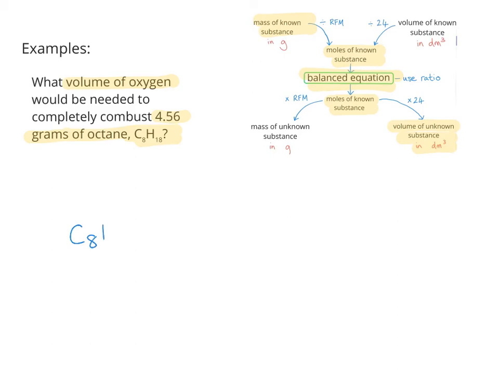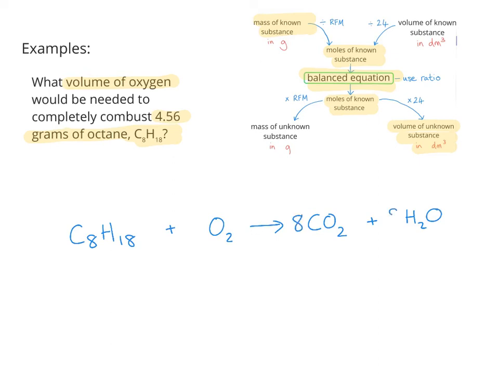So C8H18, I'm going to react that with oxygen, and I'm going to make CO2 plus H2O. So I'm going to do my carbon dioxide first, that's 8.